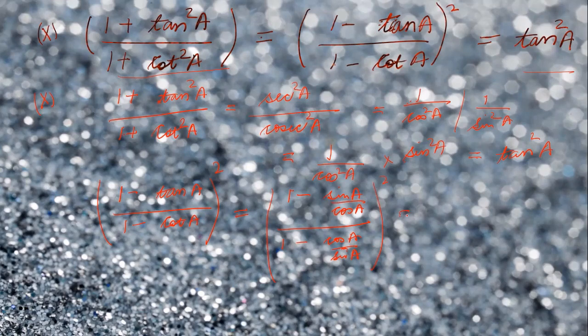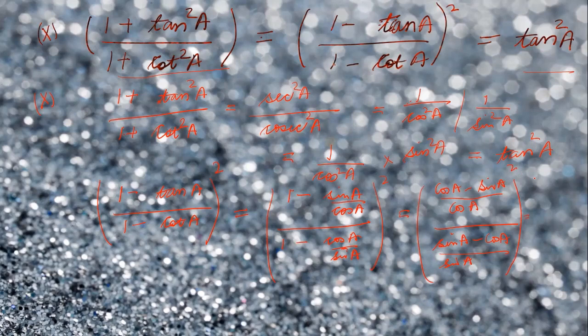Okay, now take the LCM. It will be cos A minus sin A upon cos A, and downwards also take the LCM, so it will be sin A minus cos A upon sin A, and this is your whole square.